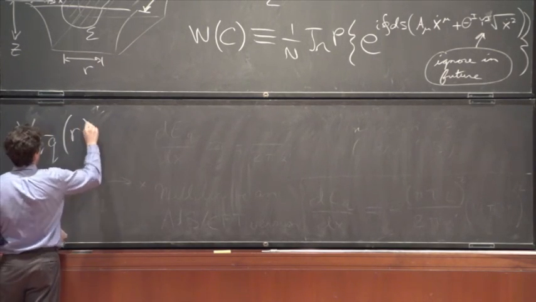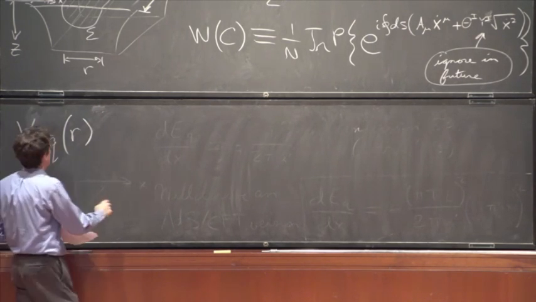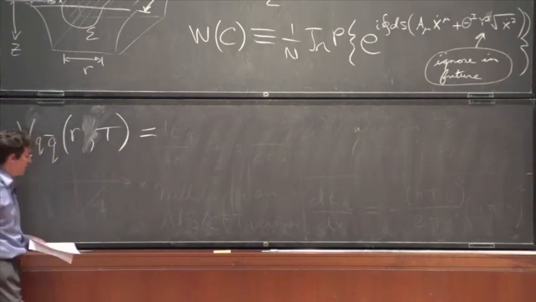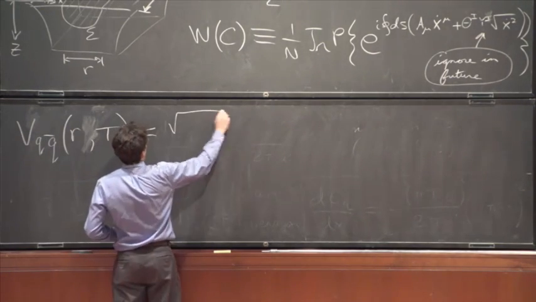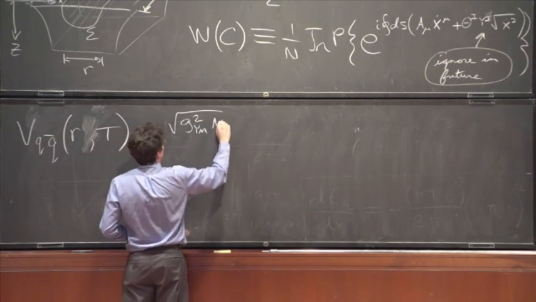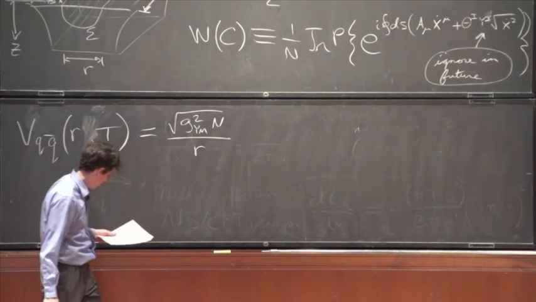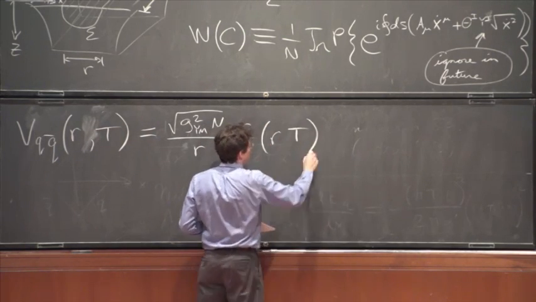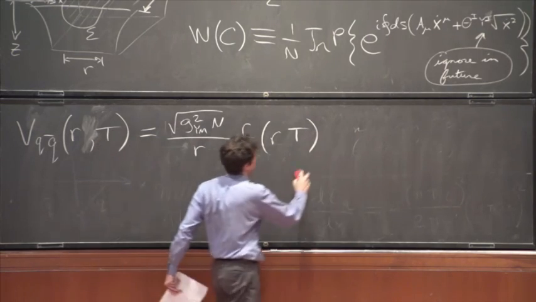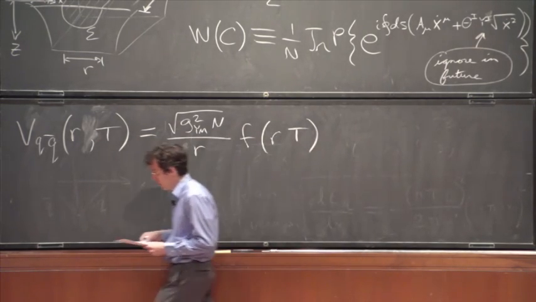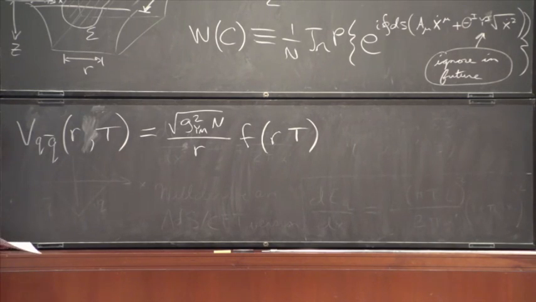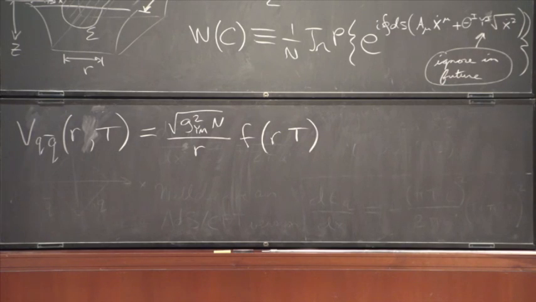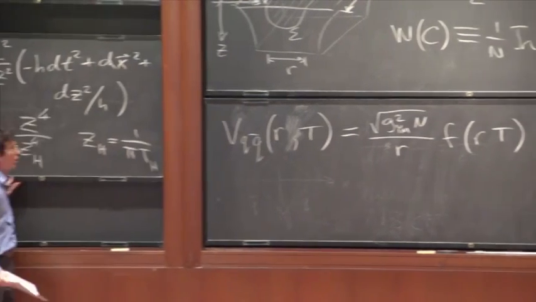You're going to get some potential between quark and antiquark, which is now a function of both R and T. And because it's a conformal field theory, it must be that the answer will be essentially what we got before times some function of the dimensionless quantity R times T. Now, admittedly, I haven't told you what this function f is yet, but that's just a matter of figuring out the details of this particular minimal surface.